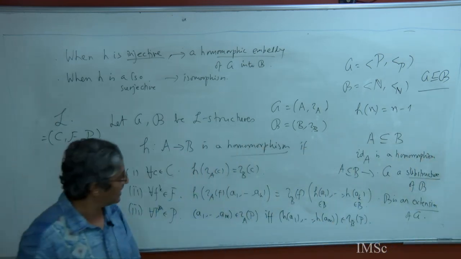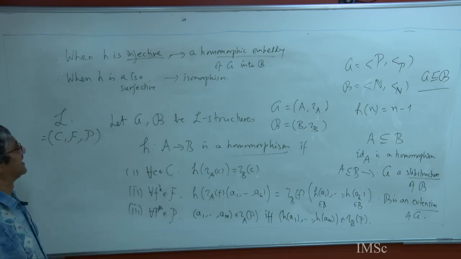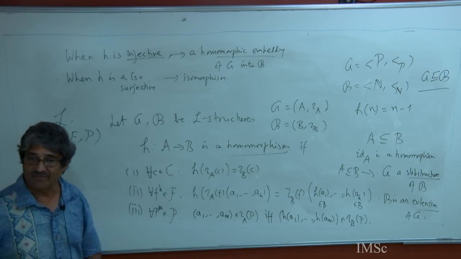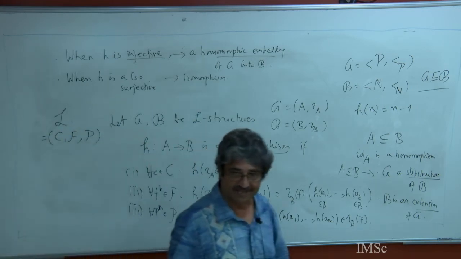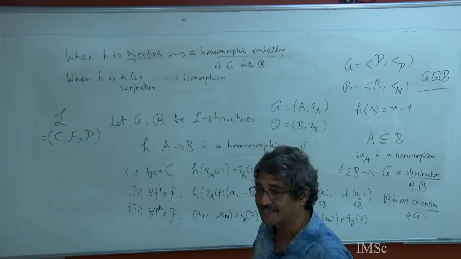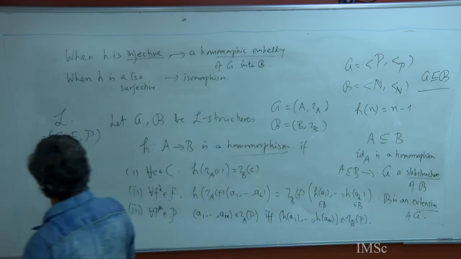So now let us do the sanity check, right? We want to show that if two structures are isomorphic, they satisfy the same sentences. Now I've defined a homomorphism of structures. We can also talk about a homomorphism of models.